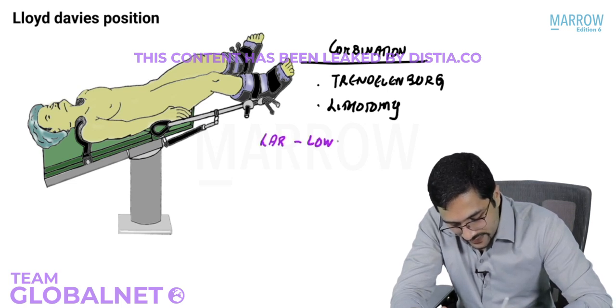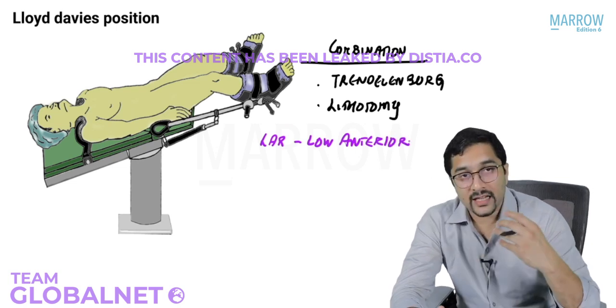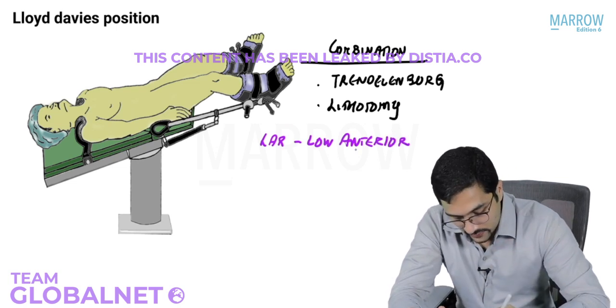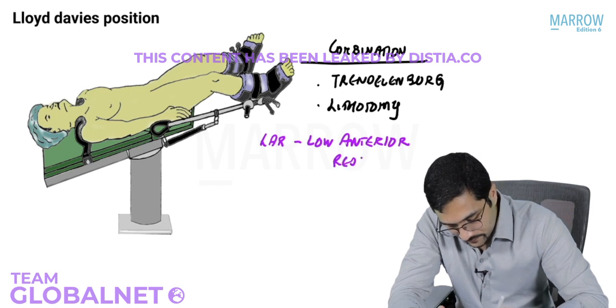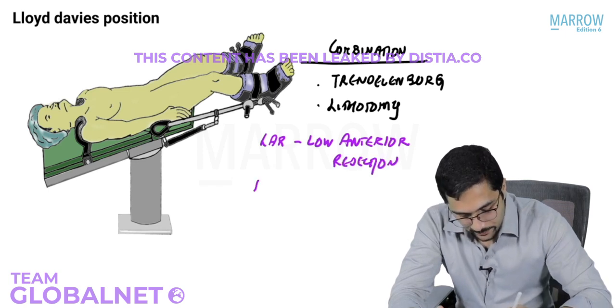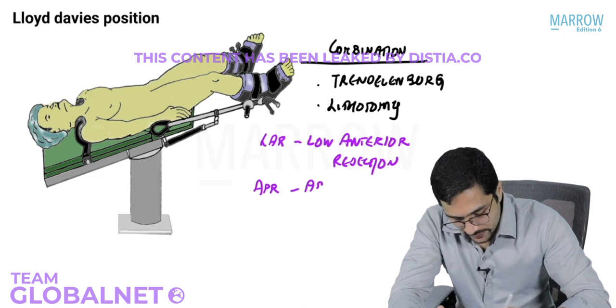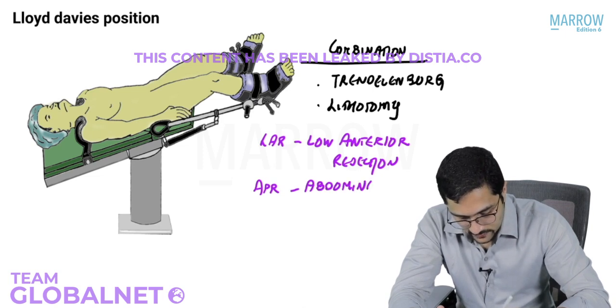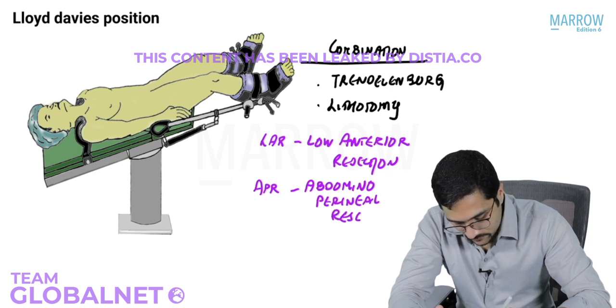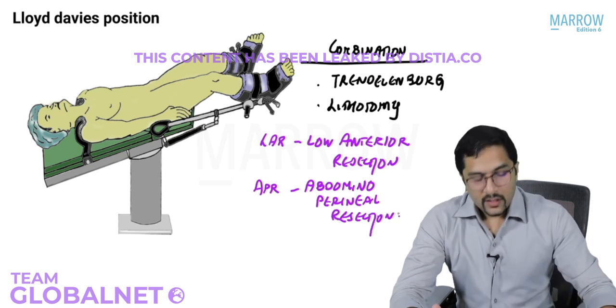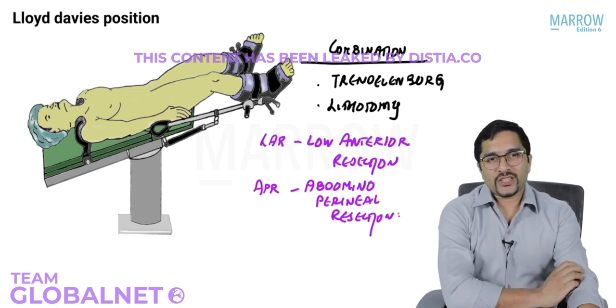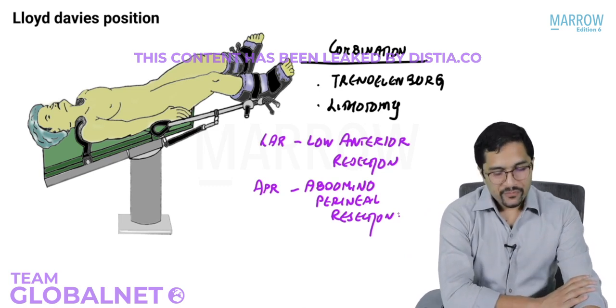LAR is low anterior resection, which we've discussed in rectum and anal canal malignant disorders. And APR, that is abdominoperineal resection. So these are the various OT positions also which you should know about.